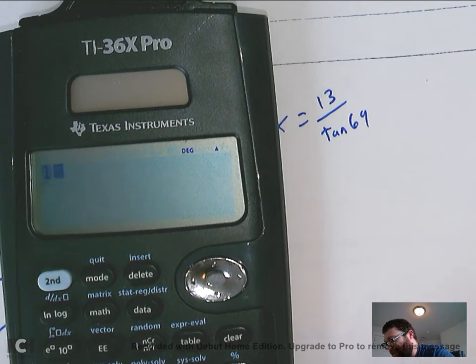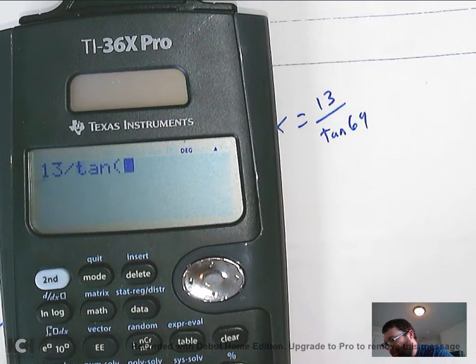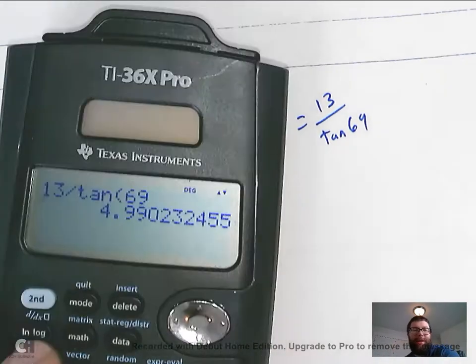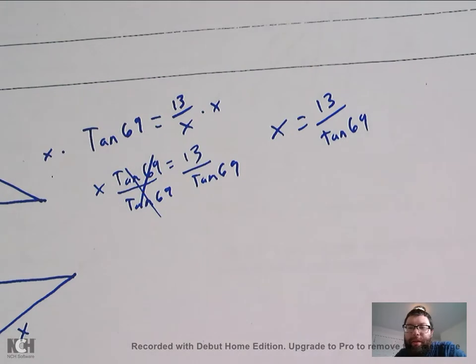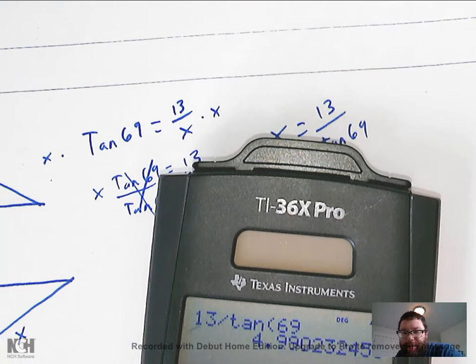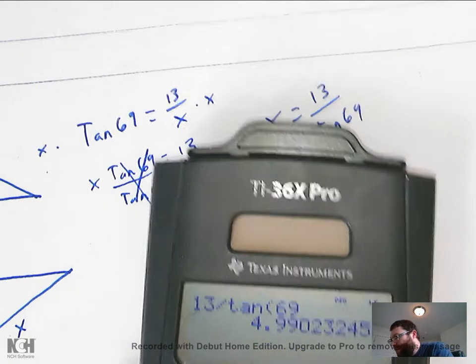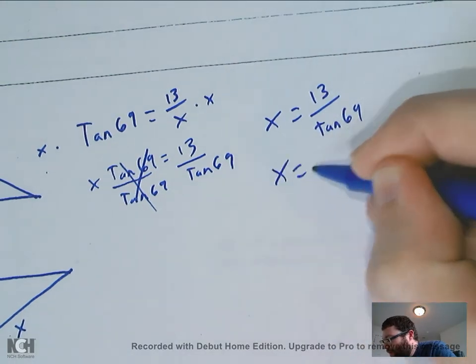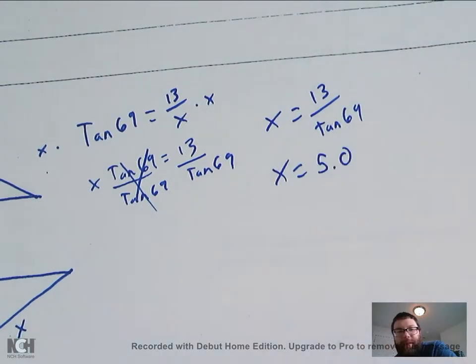So we plug in 13 divided by the tangent of 69, and that should give me my side length. On the worksheet, let me double check what we are rounding to. Nearest tenth. So rounding that to the nearest tenth, I would get 4.99, which would actually be 5.0. And I didn't put inches or anything there, so that's my answer.